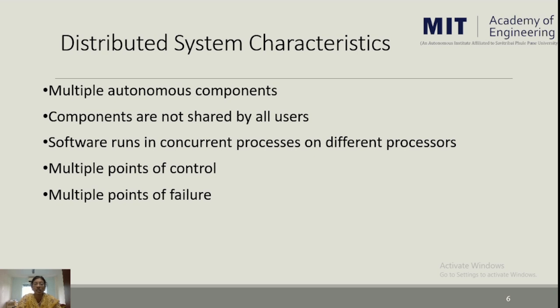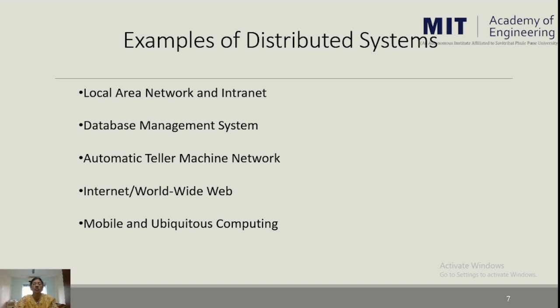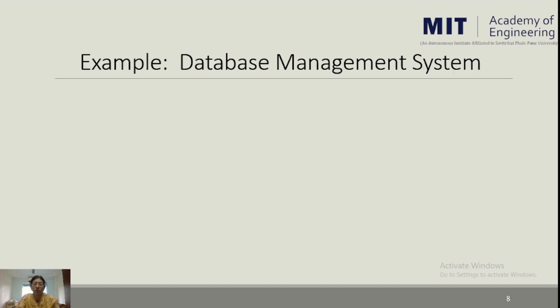Software runs in concurrent processes on different processors. Then the system will have multiple points of control, and multiple points of failure may also be there in the system. The examples of distributed systems are local area network, database management system, automatic teller machine, internet, mobile and ubiquitous computing.